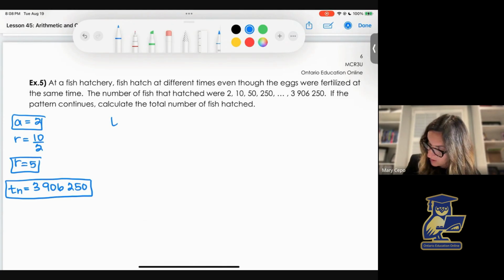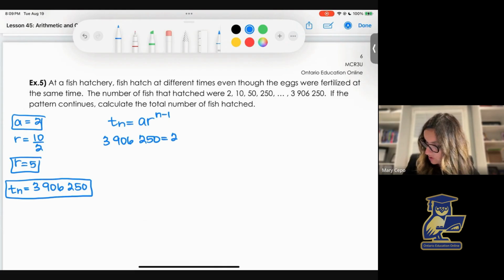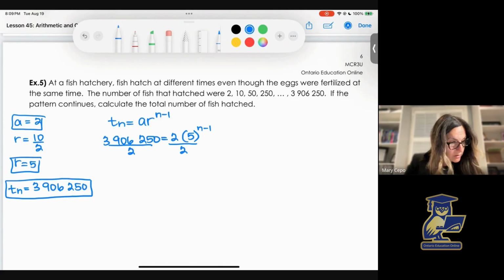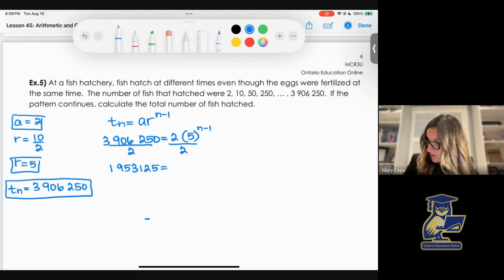So we can use the geometric sequence formula, a times r to the n minus 1, to figure that out. So we know 3,906,250 is going to equal A, which is 2, the common ratio is 5, to the exponent n minus 1. We're going to divide both sides by 2. So we have 1,953,125. Those cancel out. 5 to the exponent n minus 1.